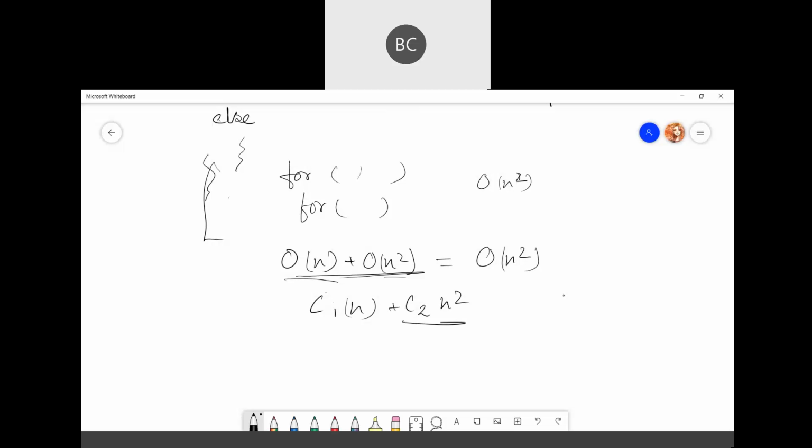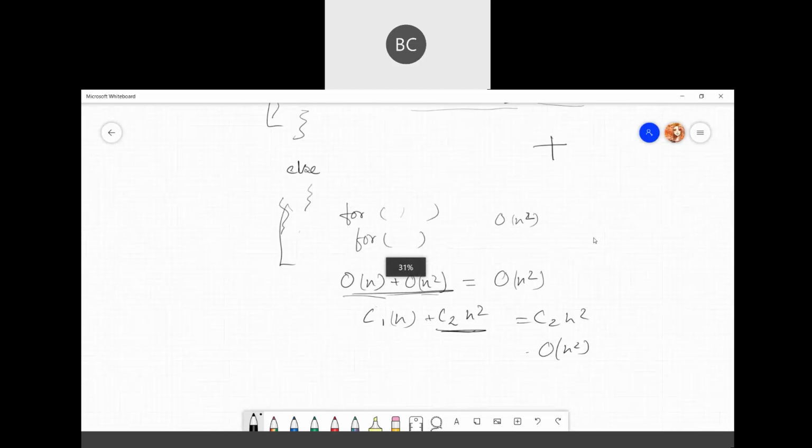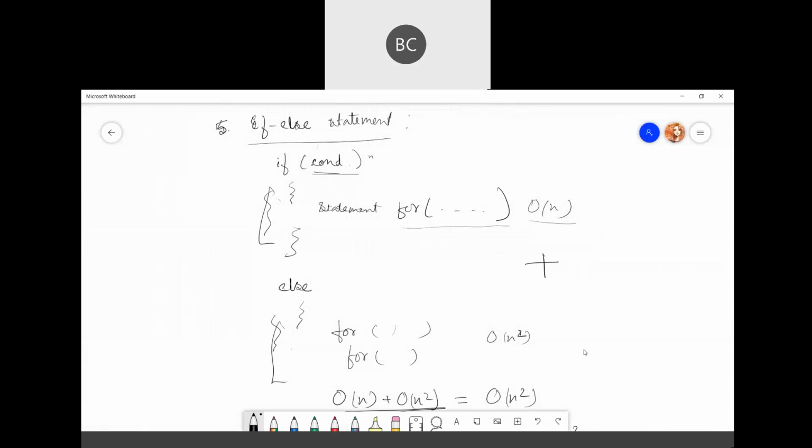Here I'll take just the C2 n squared part, and the complexity will be O(n squared). In this way, you can just look at your program and find out the complexity. Next, when we write the programs in lab class, you will see how we can calculate it.